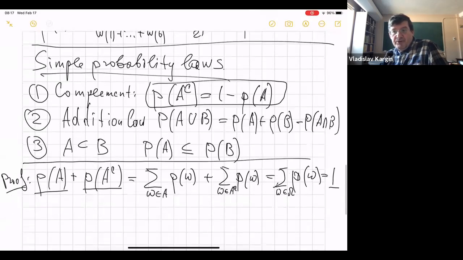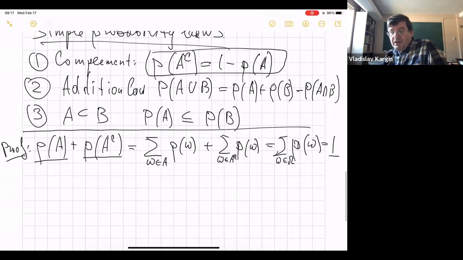The second law works with a simple calculation, doing a similar thing.